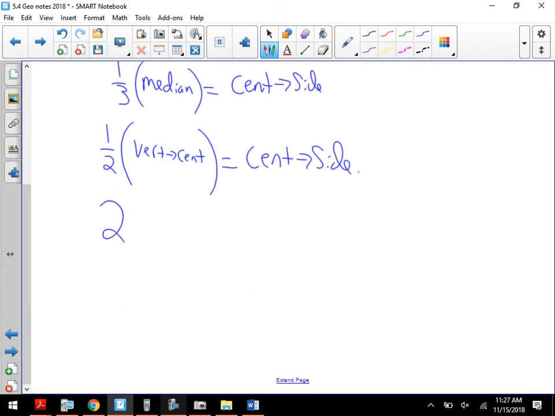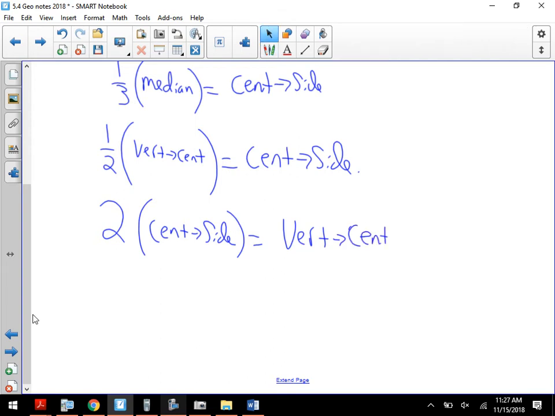If you double centroid to side, it equals vertex to centroid. Those are the scenarios that we're looking at. Okay.